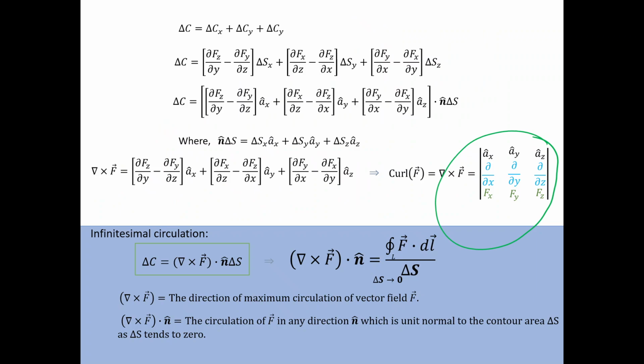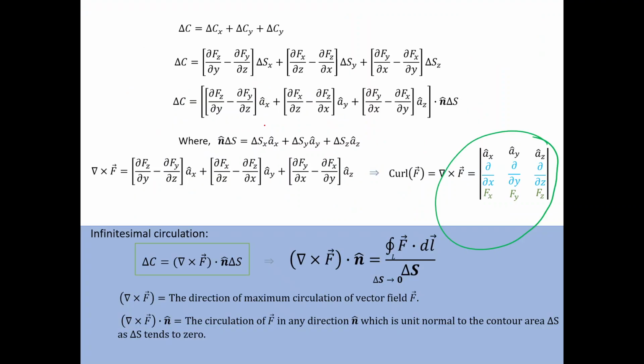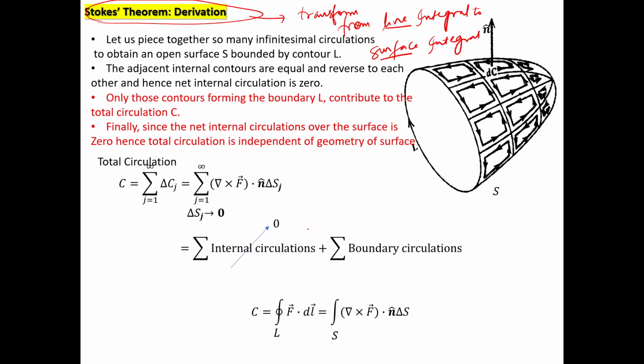Just like we saw here that the circulation is related to the length of the path, but we just related it with the surface enclosed by the path. Similarly here, with the help of Stokes theorem, we can transform from line integral to surface integral.